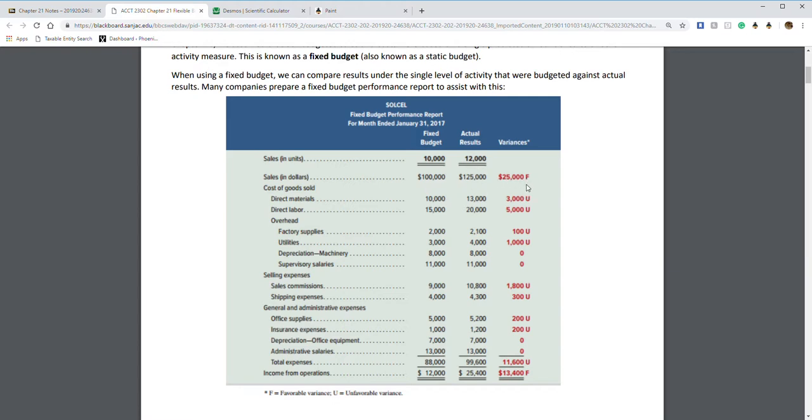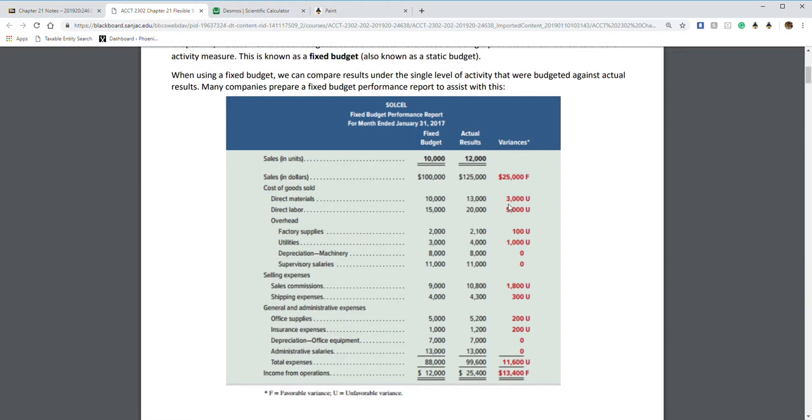And they'll come out with their numbers of which one's greater and which one's lesser, either negative or positive. When we look at these, if sales is positive, you see this little F. This F stands for favorable, means something we like. Well, it doesn't work very well with expenses, because we don't want to see actual expenses be higher than what we budgeted.